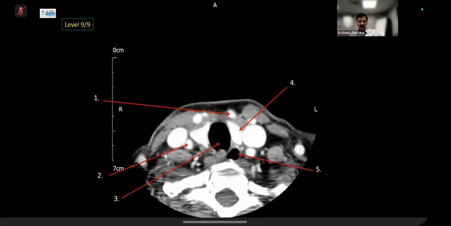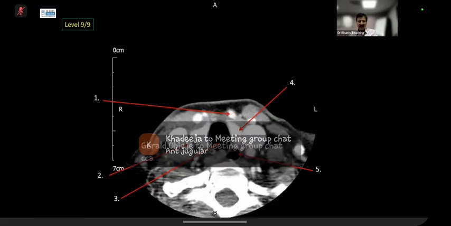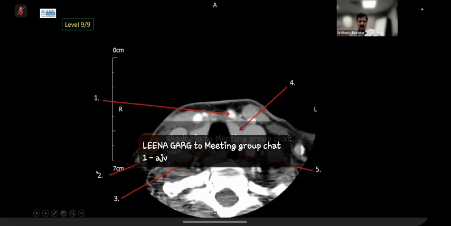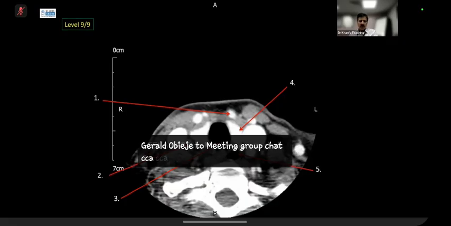So this is the final level. And where are we now? Number one, there is a vessel here, an anteriorly placed vessel. It's a vein. What is this? Yes, anterior jugular. Okay, good. What is number two? Number two is a vessel. So which carotid?